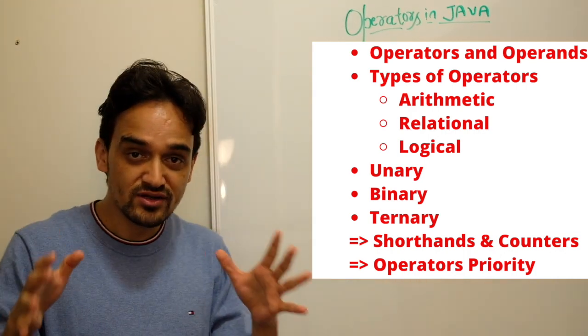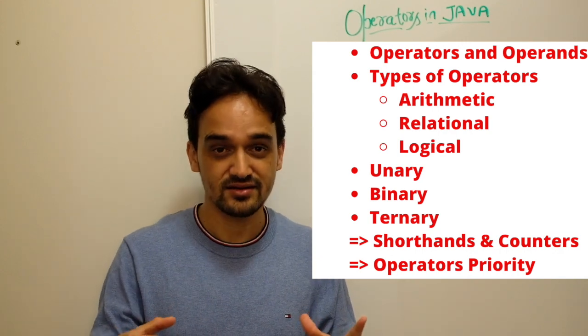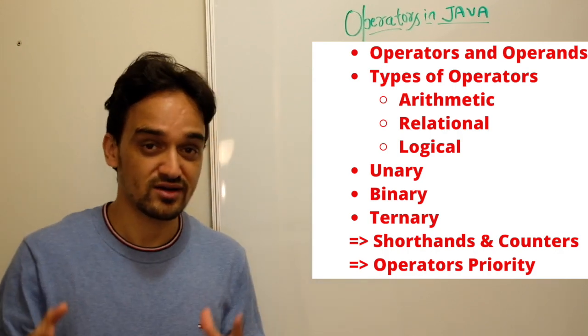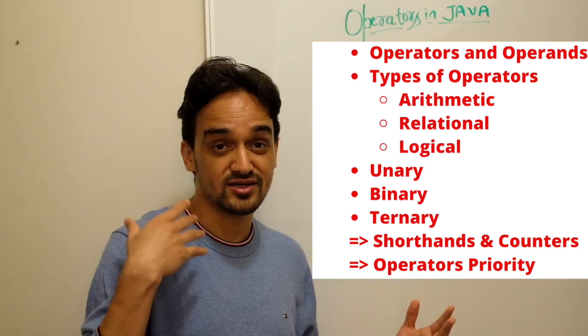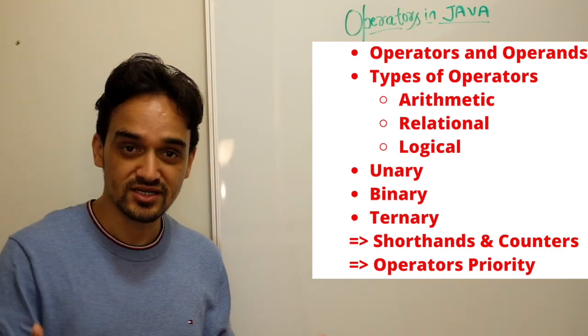We are going to learn all these operators with examples and in detail, and especially focus on the arithmetic operators here, like the unary operators, binary operators, and ternary operators.